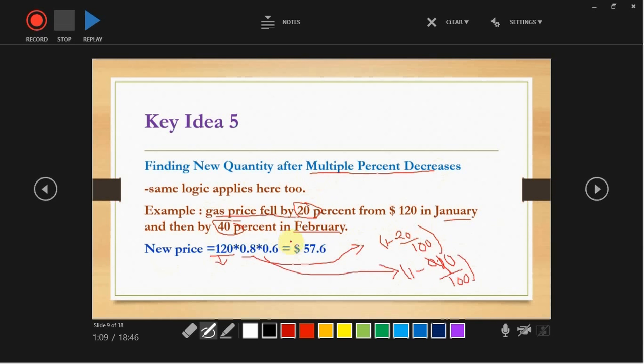So the new price will be $57.6. And this idea can be extended to any number of percent reductions further.